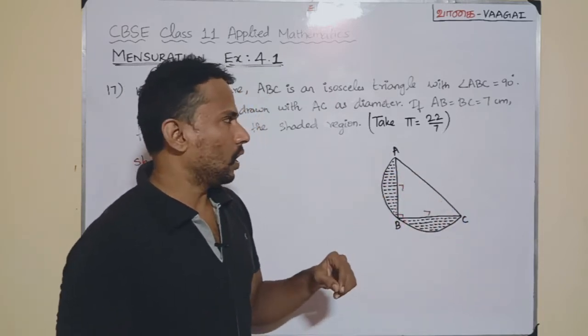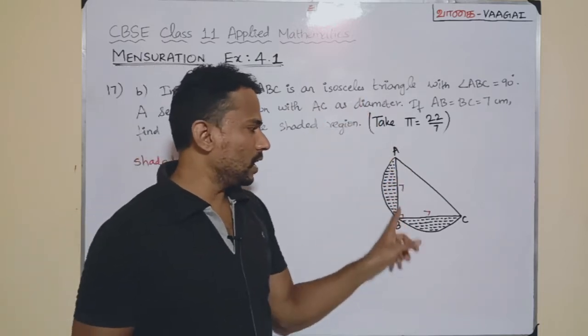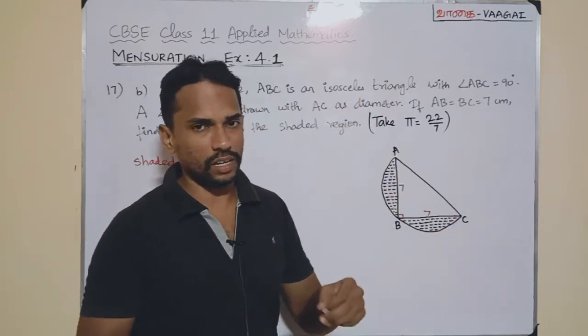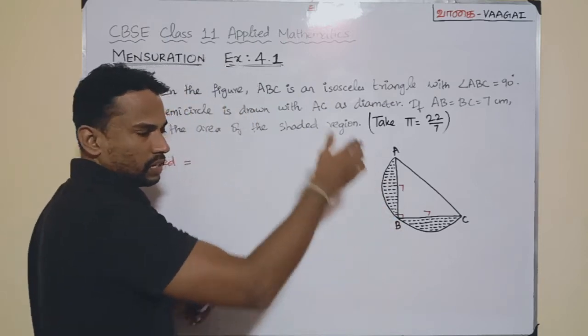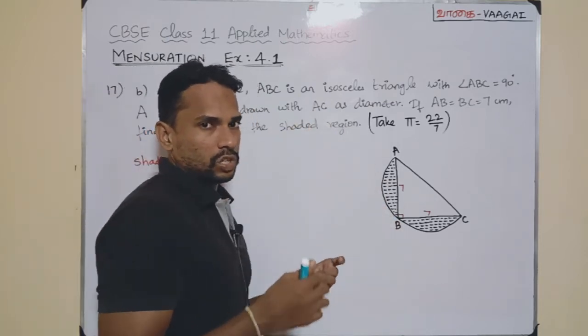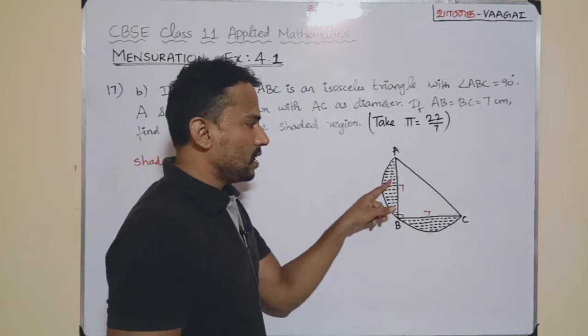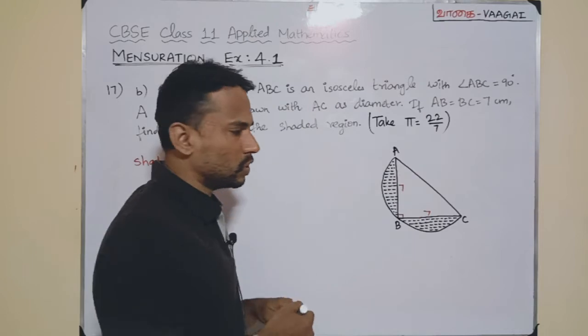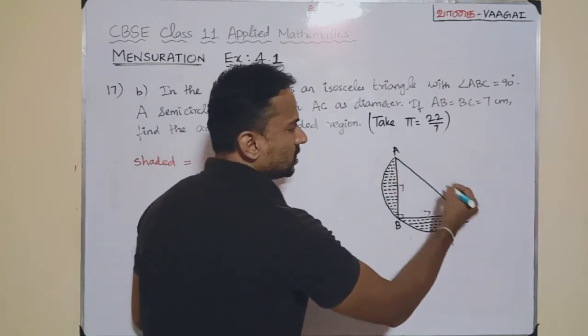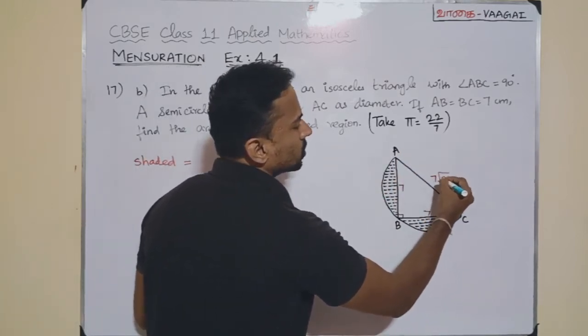And also it should be noted that our triangle ABC is an isosceles right angle triangle, which means we remember the ratio, right? We remember the three sides of an isosceles right angle triangle. That means the third side, the hypotenuse will be a root 2, which means here 7 means our AC should be 7 root 2. That's it.